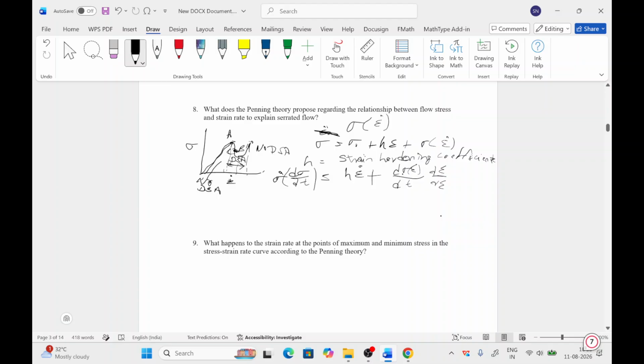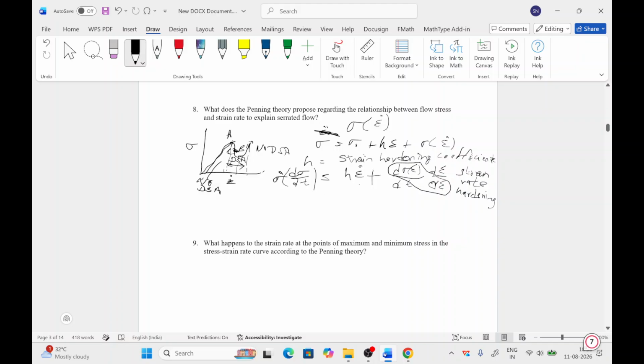So d sigma epsilon divided by d epsilon dot is the strain rate hardening, means this term is the strain rate hardening, and h is the strain hardening coefficient.